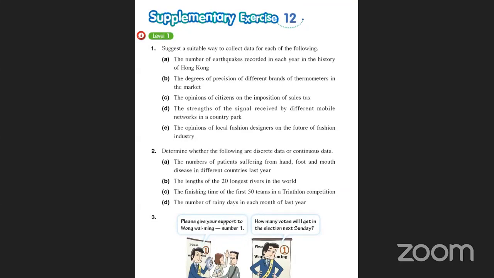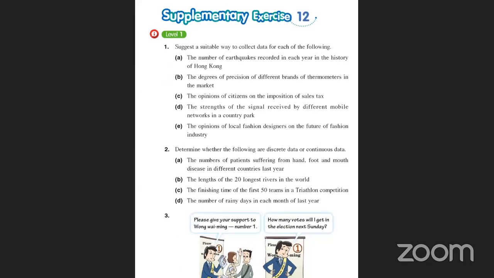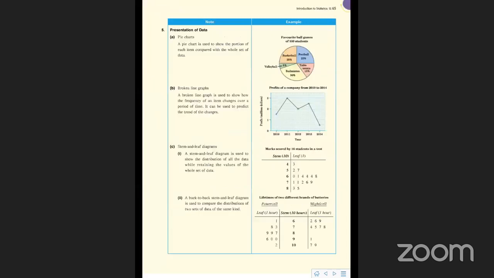Suggest a suitable way to collect data for each of the following. Okay, there are 5 parts here. For some parts, there can be more than one way. It means if you don't remember those methods at this moment, you can refer to this one.